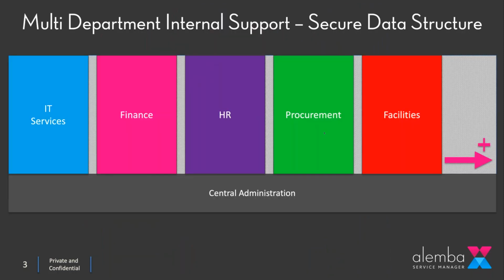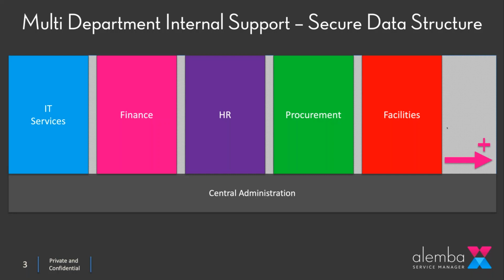And how that's achieved is using partitioning, which creates firewalls between different departments. So the IT people don't see finance calls unless you want them to. Finance can't see HR, can't see procurement, can't see facilities, etc. So it firewalls all that data into separate areas, but you can have overall processes that cross those firewalls in a single workflow if you wish.